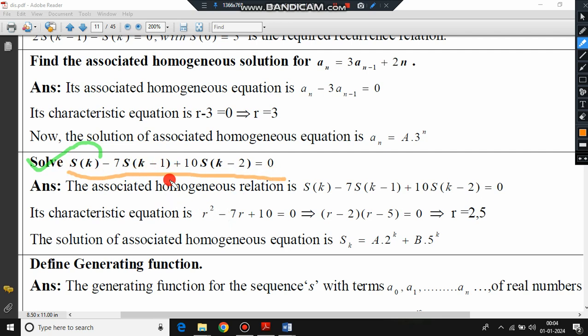Now the first step is to write the given recurrence relation as it is.